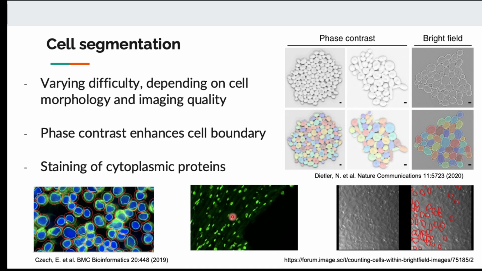But if you're taking a fluorescence image, if you stain cytoplasmic protein, so basically this bright green area, these will designate the expression of protein that are in the cytoplasm. So the region that you see in this image, these are the boundary of the cells, because the protein can go anywhere in the cytoplasm. So you're going to see the entire range of the cell. So you can use these features or these characteristics to guide the analysis of the image.